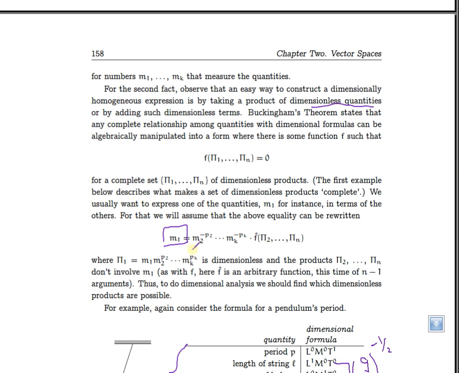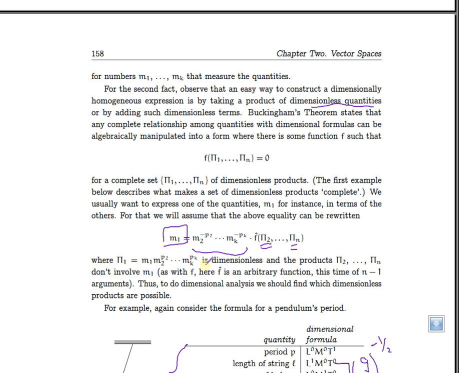M1 is some combination of the other physical quantities times some function of these dimensionless products. If I take this term over to the other side, I get another dimensionless quantity. So in the end, what I need is an equation that I can rearrange to be an equation that involves only dimensionless quantities.